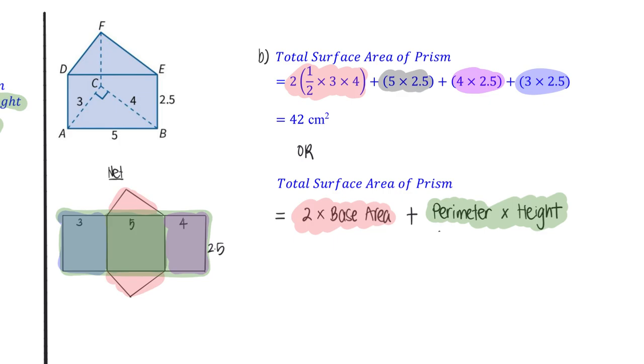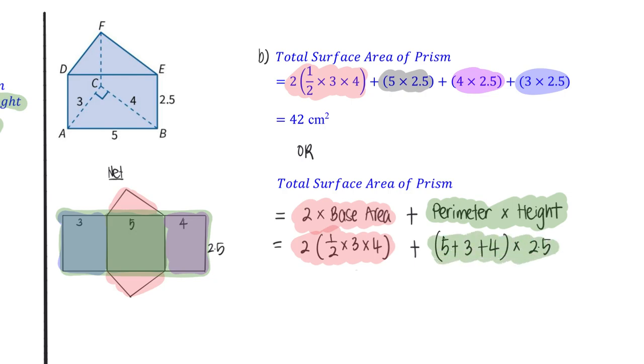That will be the big green color rectangle, which is the sum of the black, purple and green rectangles, and therefore you will see this set of working. Same for the 2 triangles, but this will be the working to find the big green rectangle, and you will get the same answer, 42 cm square.